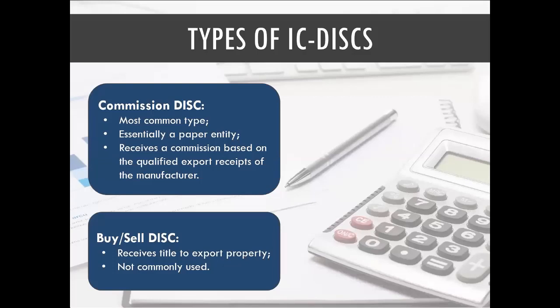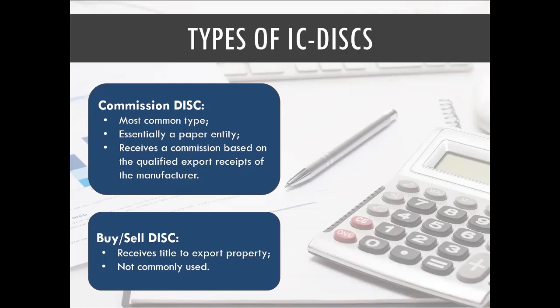There are two types of an IC DISC. All of our conversation today is going to revolve around the first type, which is the most common type. This is the commission DISC, which is basically just a paper entity. It doesn't have any business substance. It really doesn't do anything other than it receives a commission based on the qualifying export receipts of the related supplier or manufacturer.